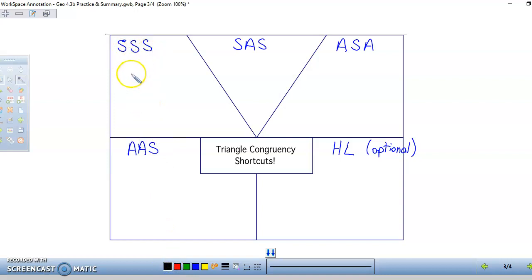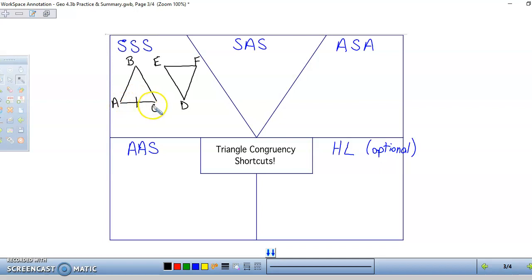So for side, side, side, if I have 2 triangles, and maybe I'll draw this one upside down. I'll call this one A, B, C, and then this one D, E, F. For side, side, side, the markings need to be on all of the sides.